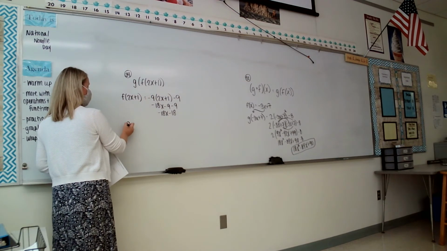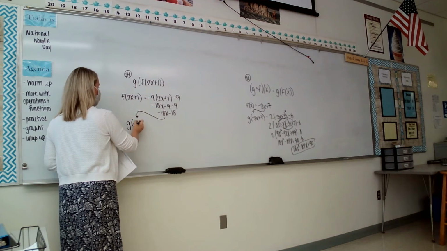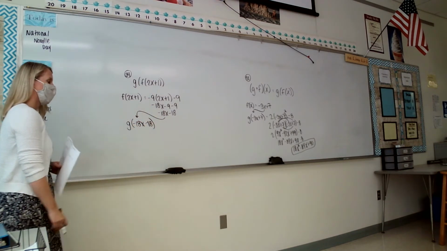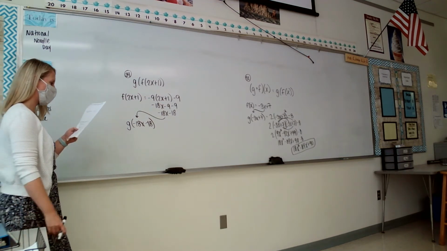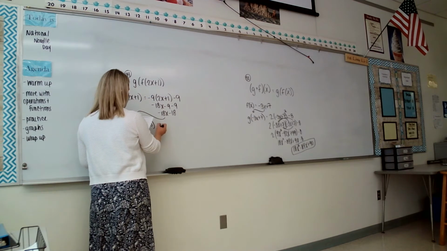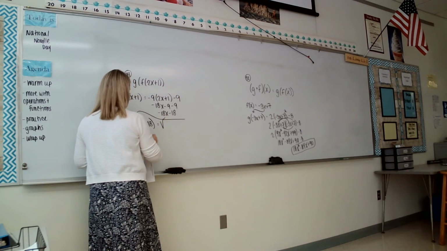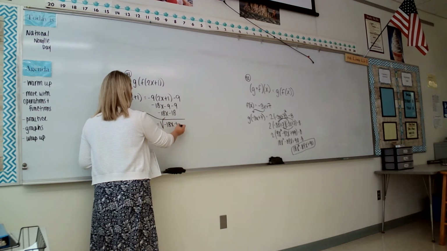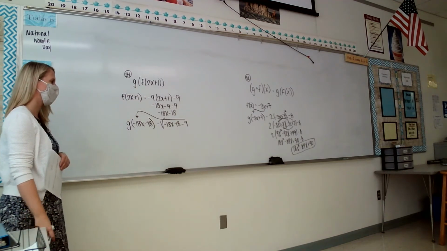In the g function, I'm going to use this as my input. So in the g, I'm just using the directions right in that actual problem. The g of x function is the square root of x minus 9. So I'm going to do the square root of x is negative 18x minus 18, and then add that minus 9 on the end there.